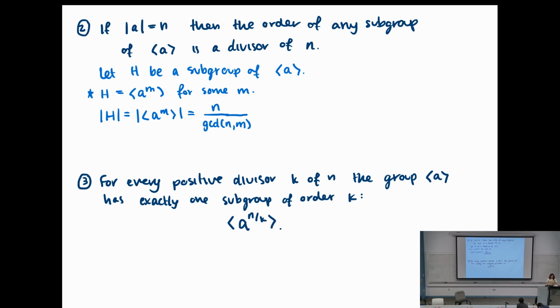And whatever this number is, this is a divisor of n. And since that number is equal to the order of H, that means that the order of H divides n.